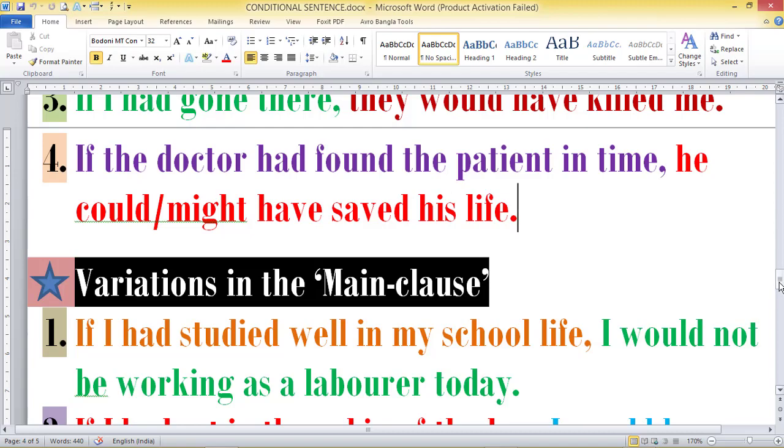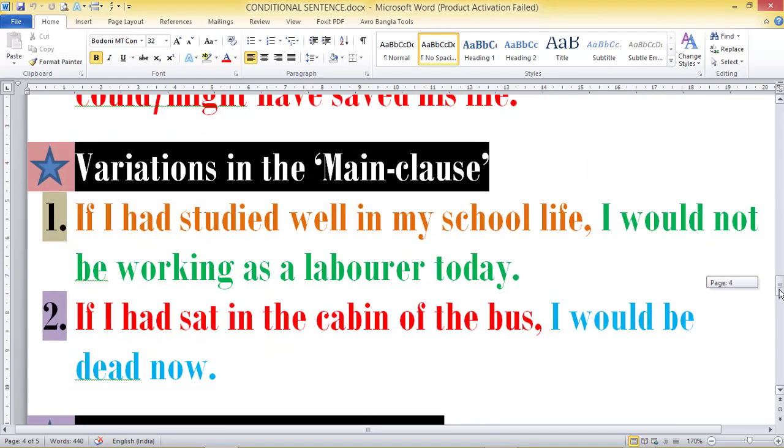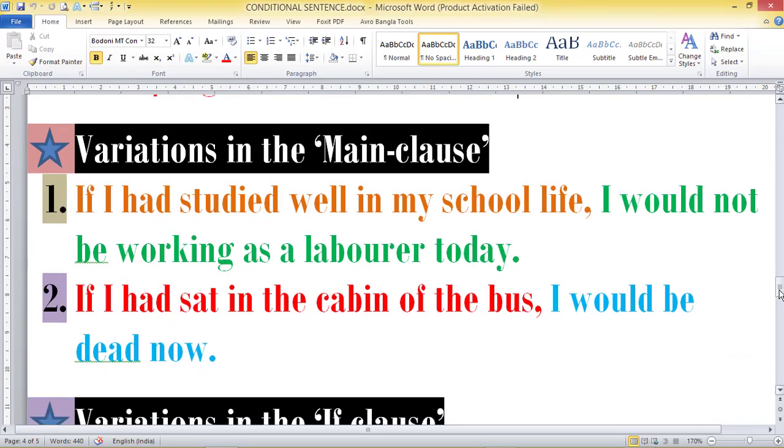Now let's go to the variations in the main clause in case of conditional sentence type 3. So, for example, let's go to the first sentence. If I had studied well in my school life, I would not be working as a laborer today. You observe in the main clause here, we have used after the subject would, you can use should also, could, or might also.